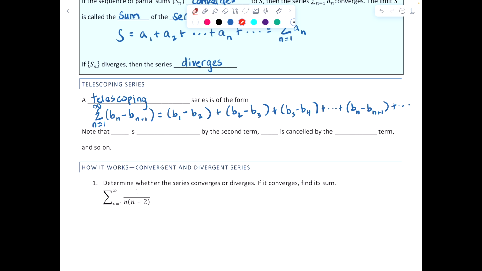So as you can see, what happens is these B2s zero out, the B3s zero out, etc. And everything past a certain first number of terms will zero out.